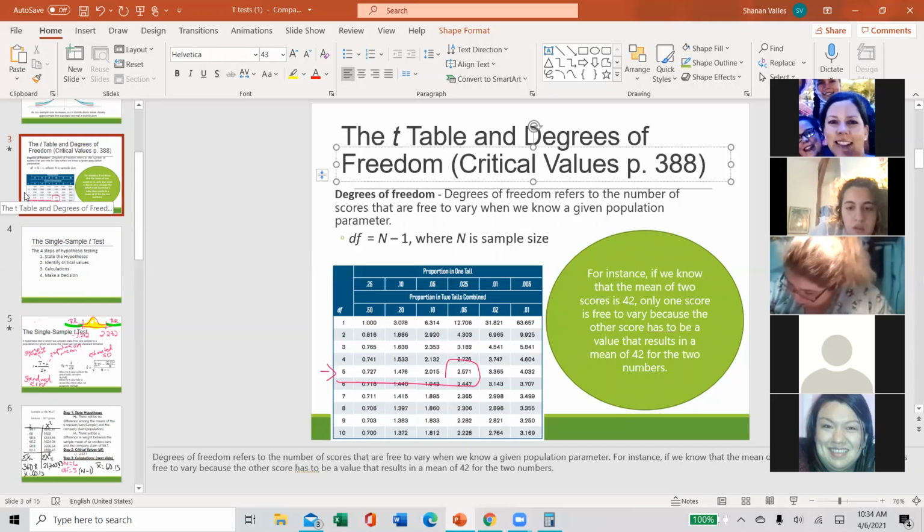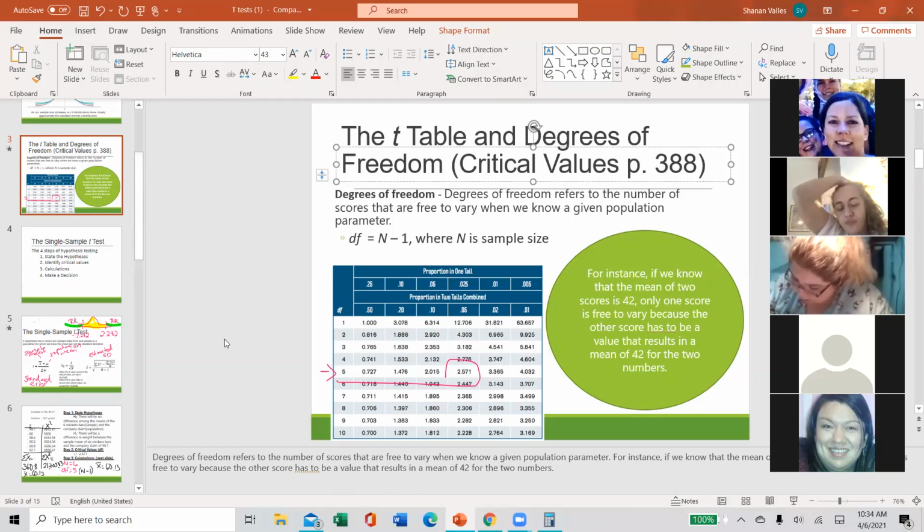In the other slides, Christy, there's a picture of the complete chart. I also said I was going to do this with the normal distribution and I never did, which I apologize.